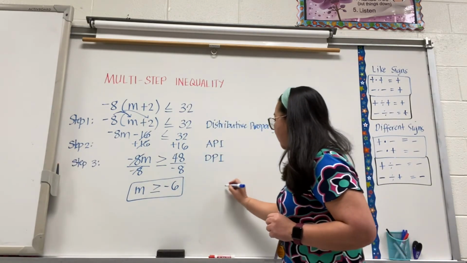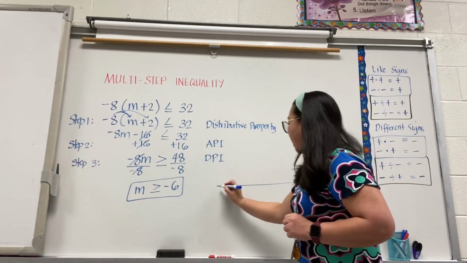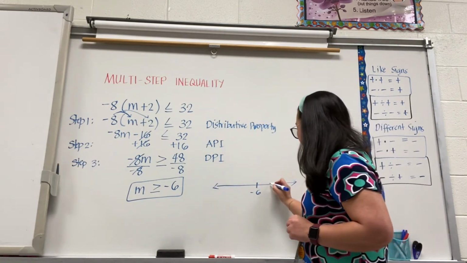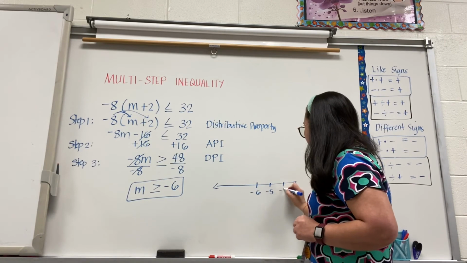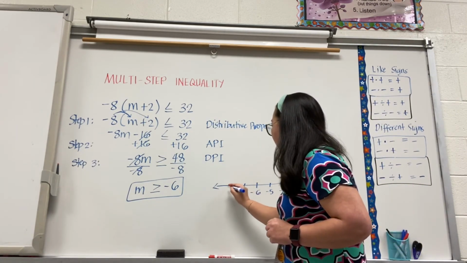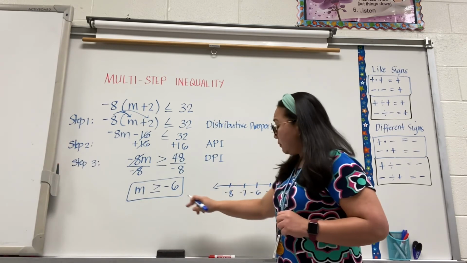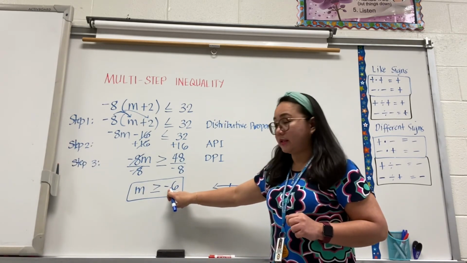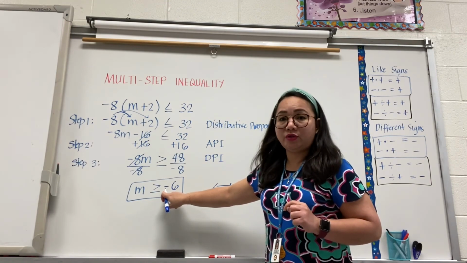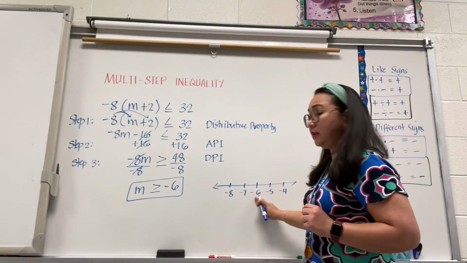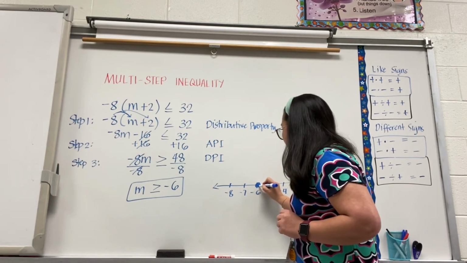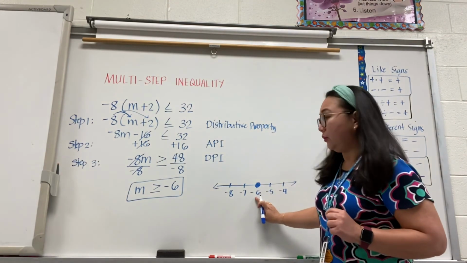Then graph the solution. Draw a number line, negative 6 in the middle. Numbers to the right are negative 5, negative 4. Numbers to the left, we have negative 7, negative 8. So we have here negative 6. The symbol is greater than or equal to, which means we will draw a closed circle at negative 6, which means negative 6 is included.